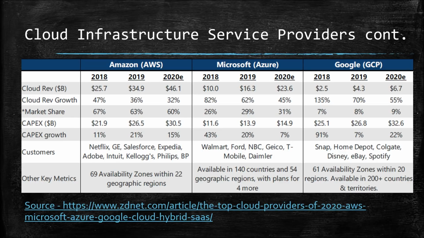We can see that Amazon has Netflix as a customer, Philips, and all that. Microsoft has Walmart, Ford, and of course Daimler, which is why I'm doing Azure. Then Google has Spotify, Disney, eBay, and others.